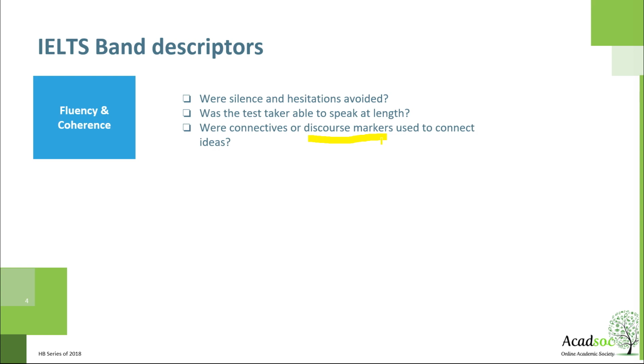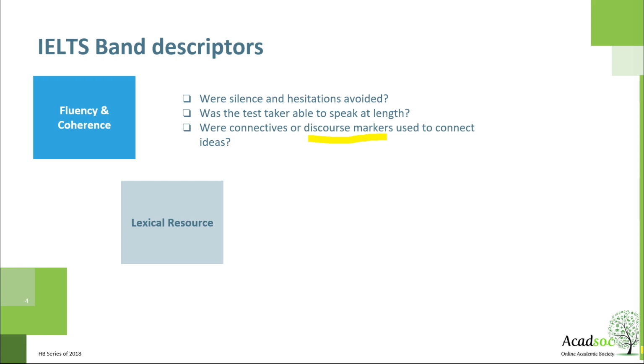For instance, if we want to give additional information, we say in addition, moreover, or if we want to change a topic or return to the topic, we can say, by the way, incidentally, well, anyway. Those are discourse markers.